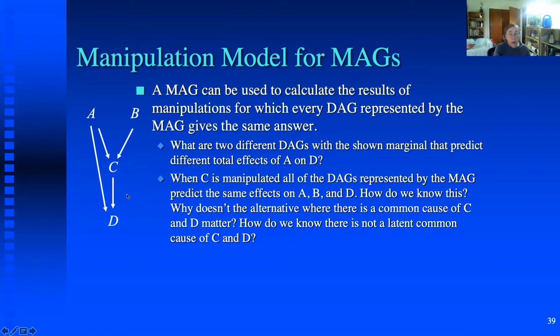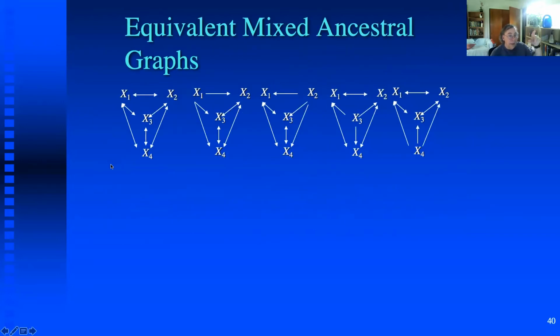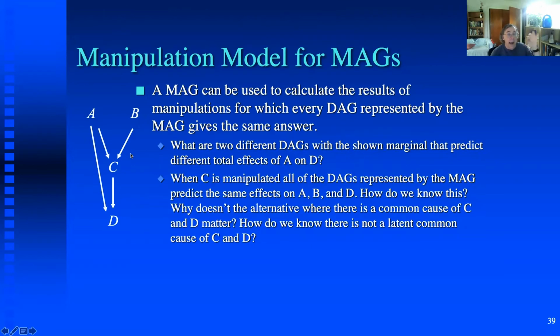I can tell what happens when I manipulate C, what its effect on D is going to be. The effect of C on D is just going to be the parameter that is associated with this edge, C to D, because manipulating C is not going to affect D through any other path going through A, because it's not an ancestor of A. So that's not going to happen.